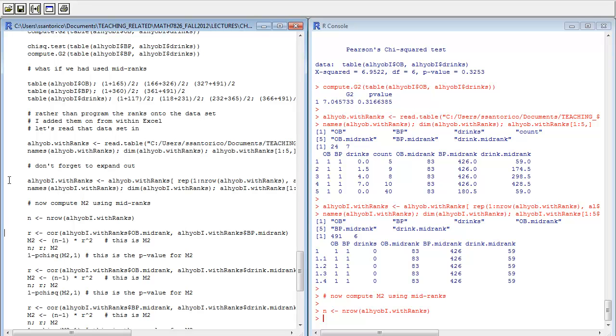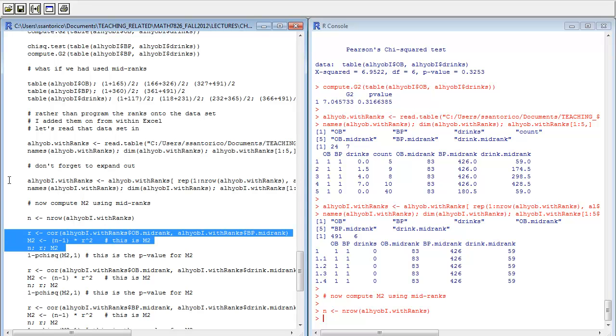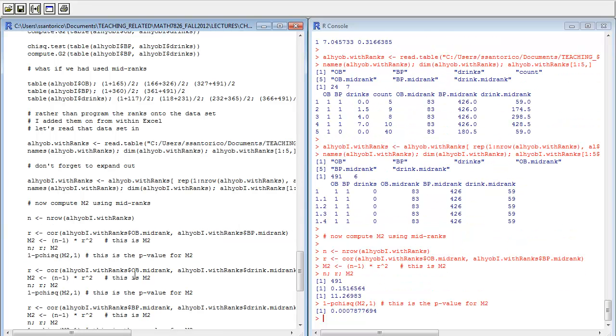And then I'm going to go through, calculate the correlation, calculate your M squared. So this is for comparing the obesity to the blood pressure rank, right? And I end up with a very comparable value, 0.0079.